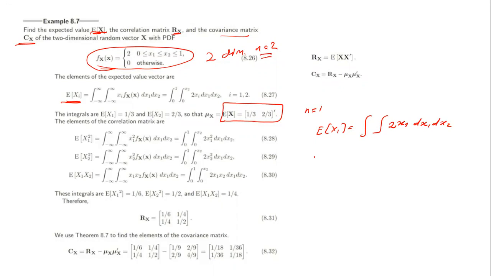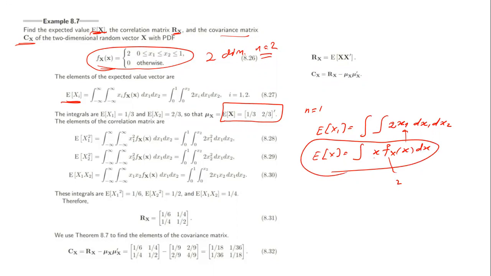Remember the expectation operator, it was simply this formula, so we use this formula here. Here the density is 2, so 2 times x, 2x1 dx1 dx2. We just write x2 here and x2 here, and then integrate again. The range of the integrations is important here.